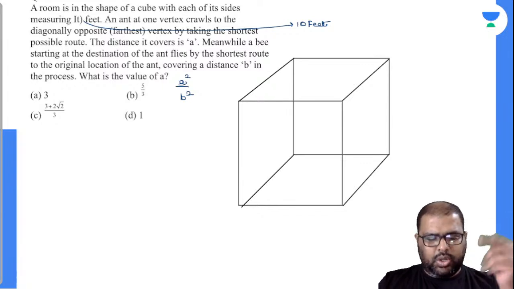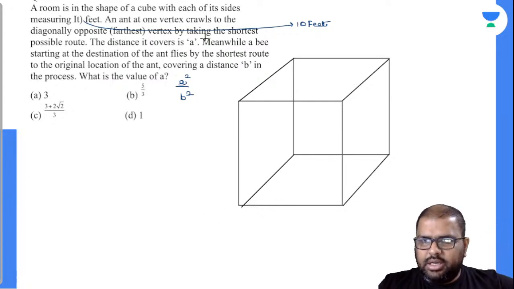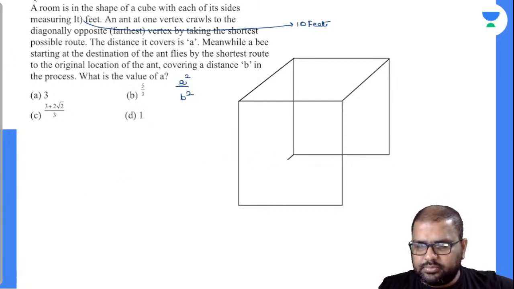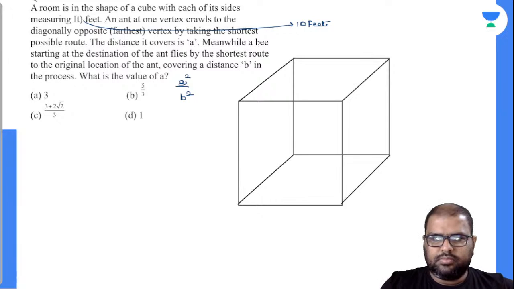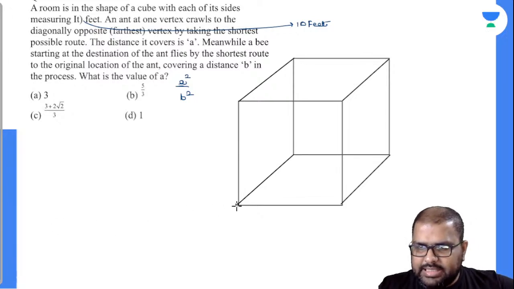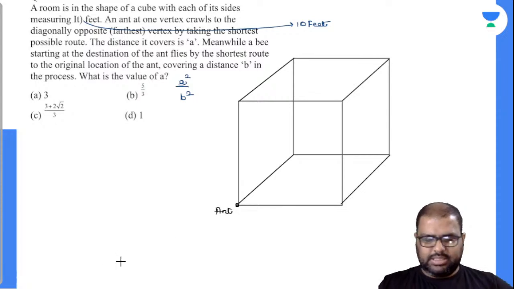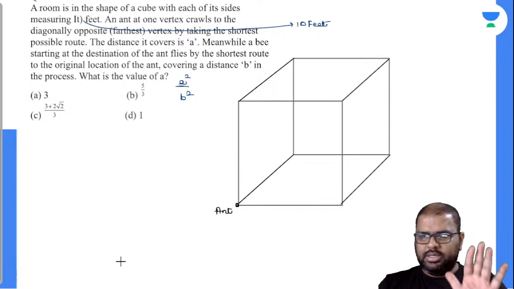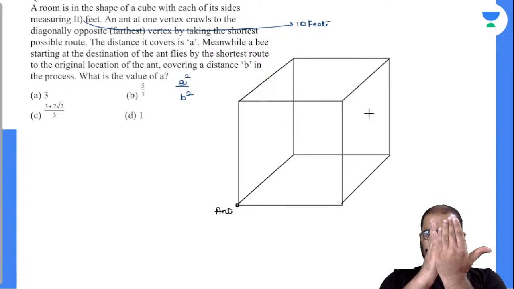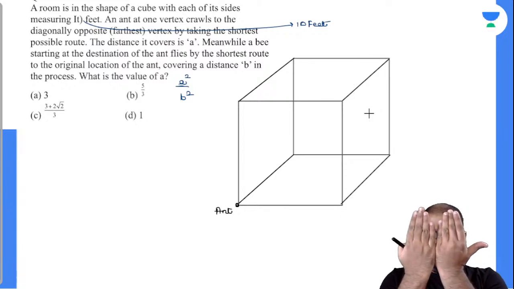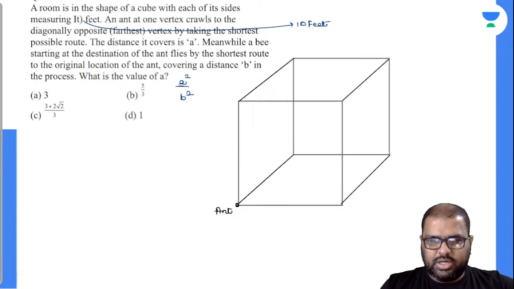It can crawl on the surface of the cube only. Let us suppose the ant is here. The ant crawls on the surface of the cube only. This is your front face of the cube. This is your right hand side face of the cube. So what I will do, this right hand side face of the cube, I'll flip like this and keep it like this.